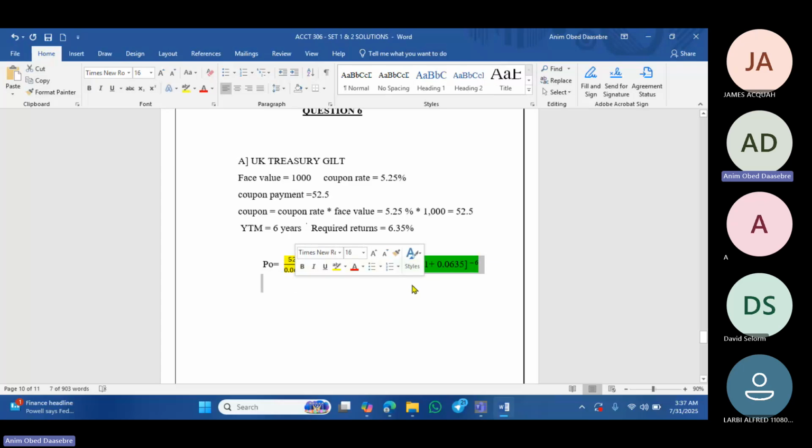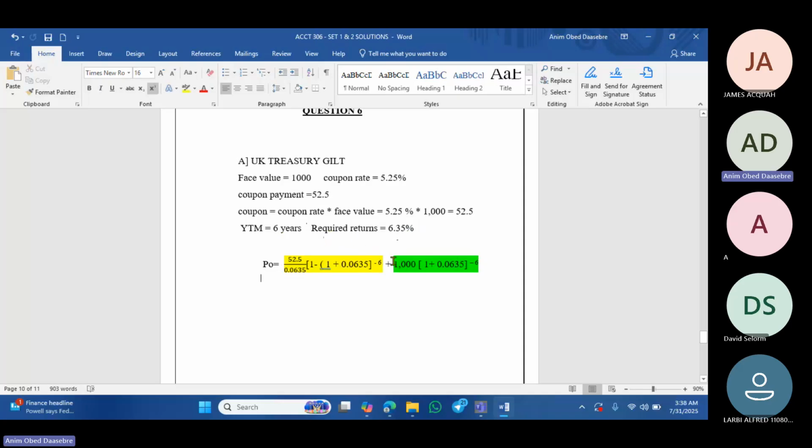And then the last payment is a single amount that will be paid at the end, at the last year, when the treasury is matured.